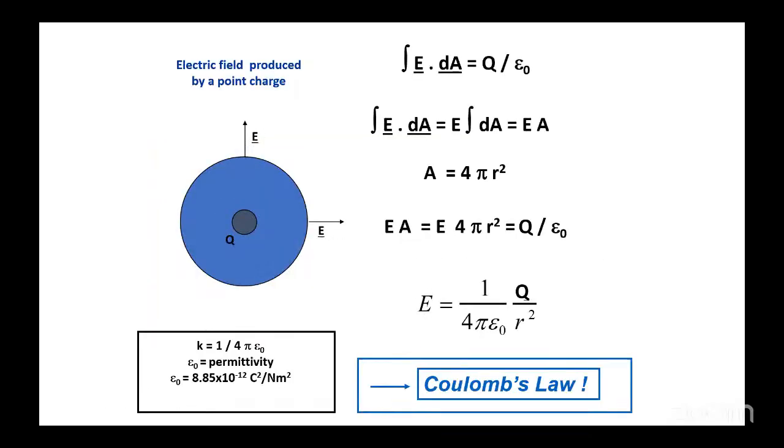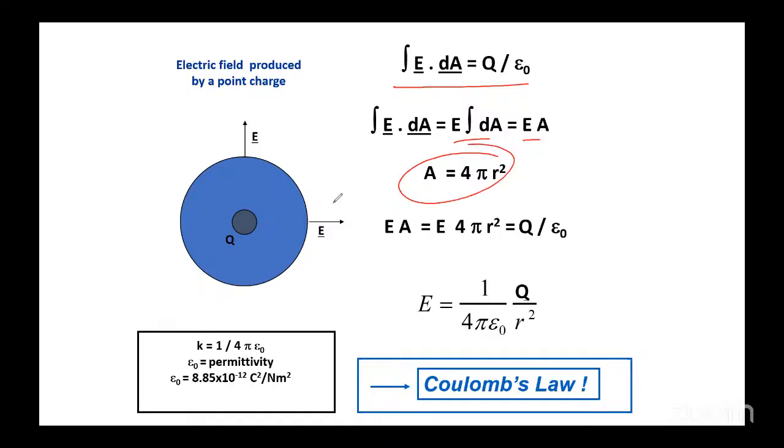Next, the electric field produced by a point charge. See here. E dot ds equals Q by epsilon naught, or E dot ds is E dA or EA.